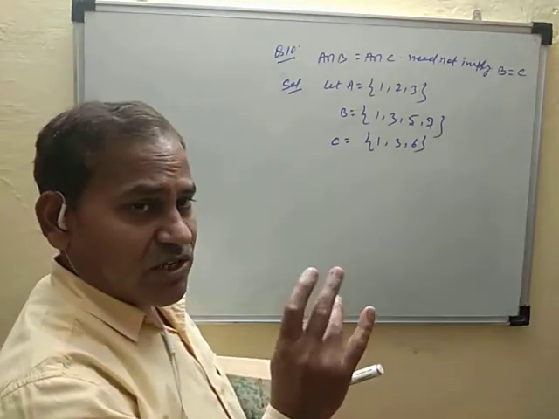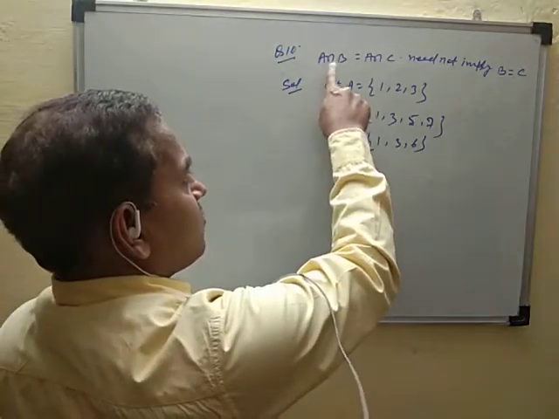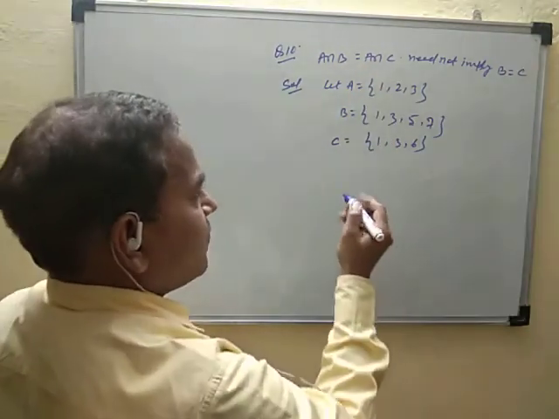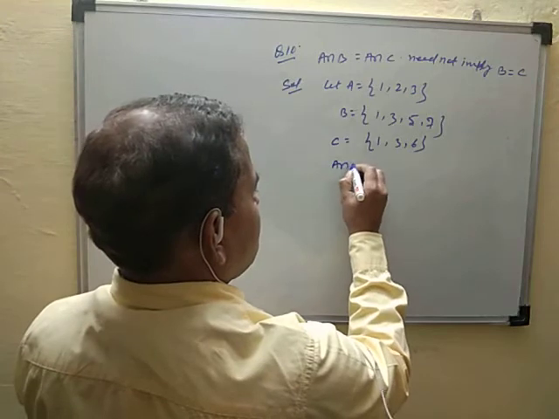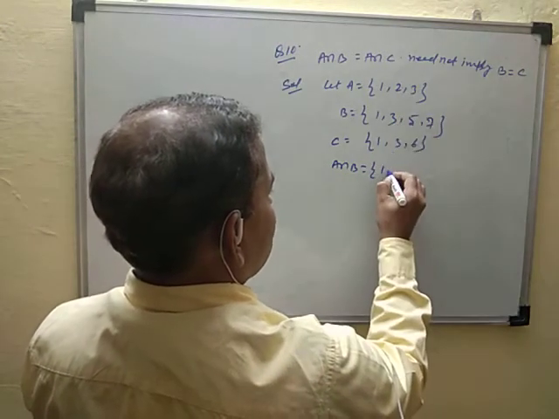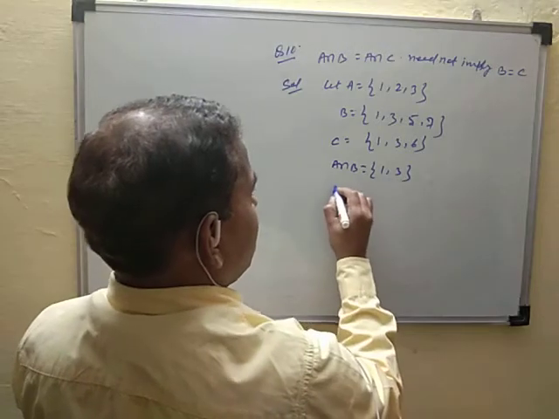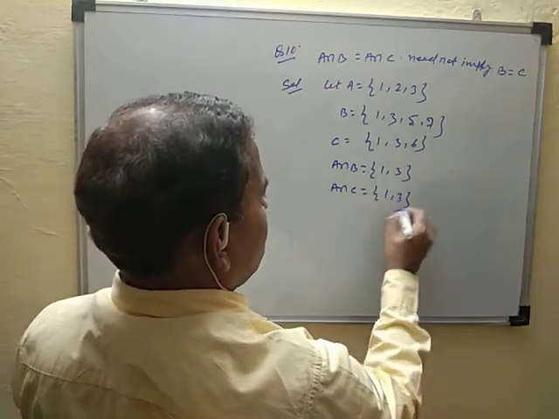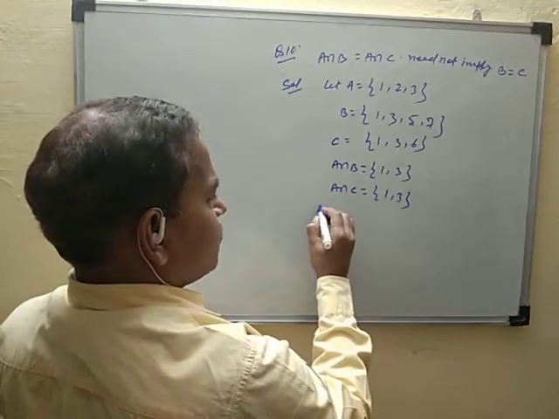You suppose three sets such that the intersection of A and B and the intersection of A and C are equal. Now find A intersection B. What is common between these two sets? 1 and 3. And now find A intersection C, also 1 and 3. So both are equal.